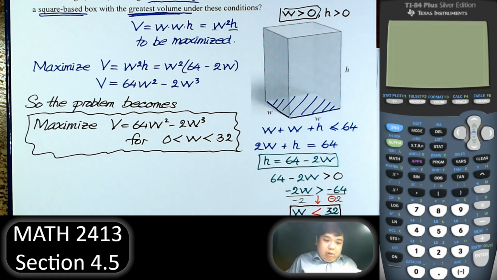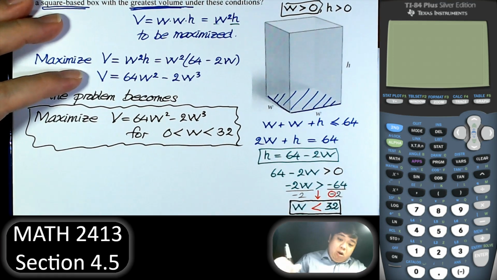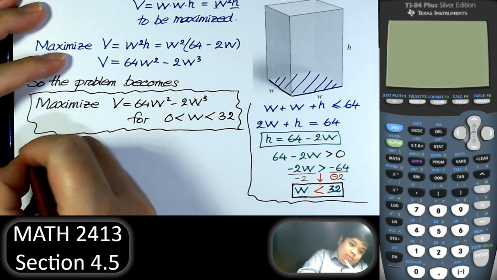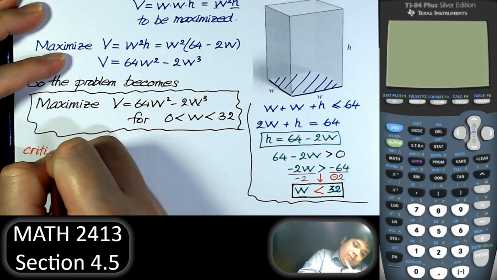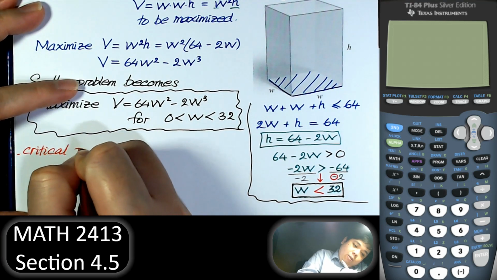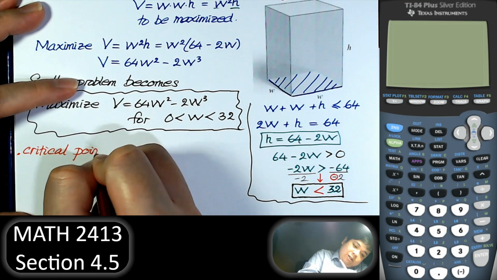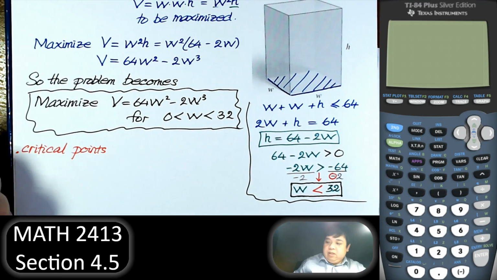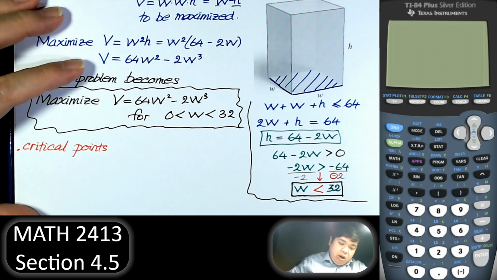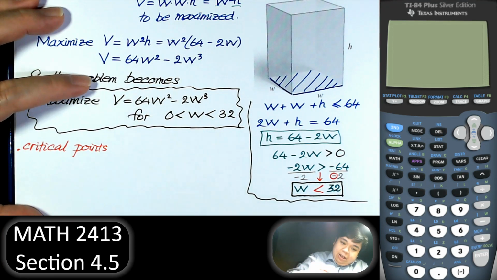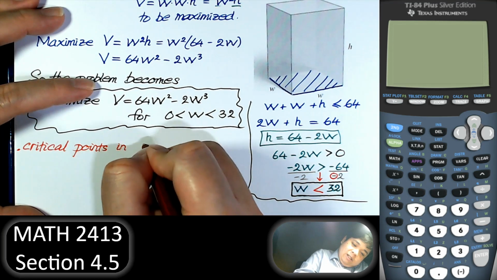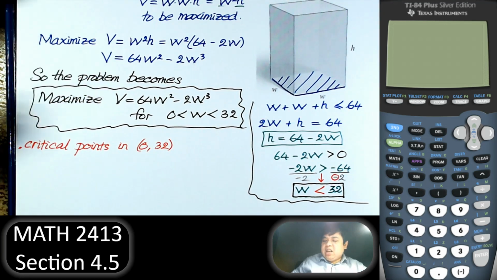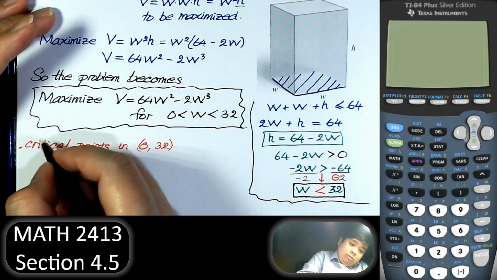Alright, so that is the problem. The math in this problem will be relatively simple. So, critical point in that interval, in 0 to 32. Take the derivative equal to 0. It should be simple, right?